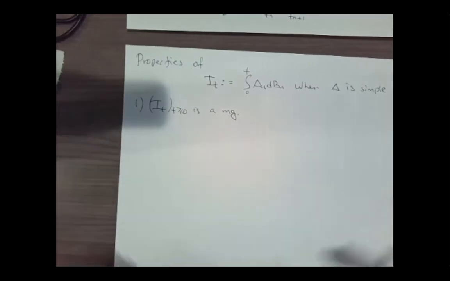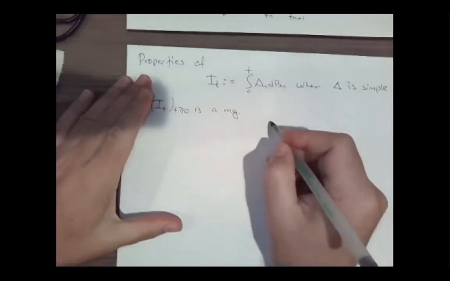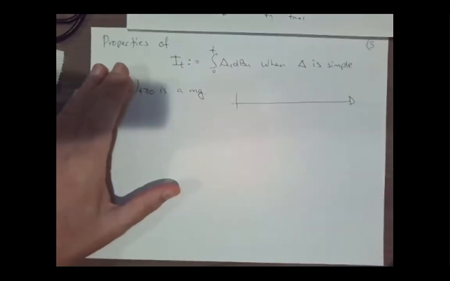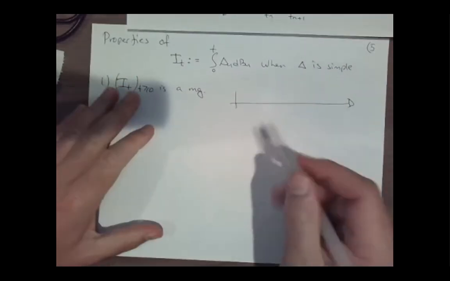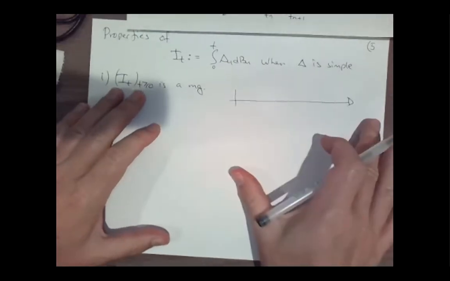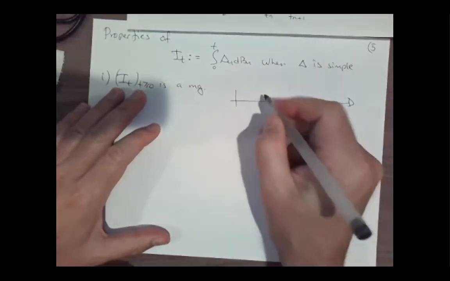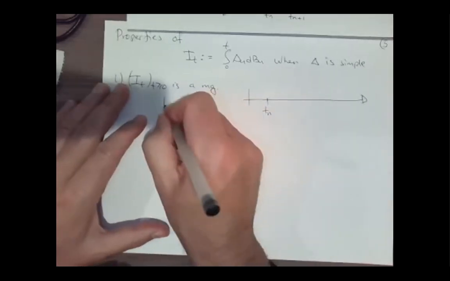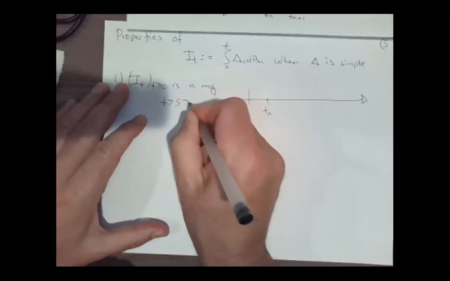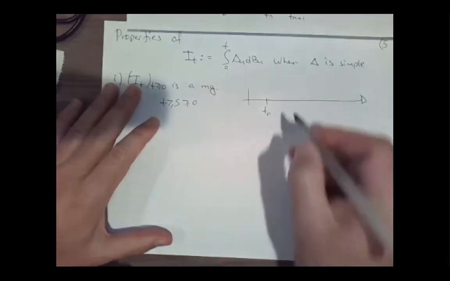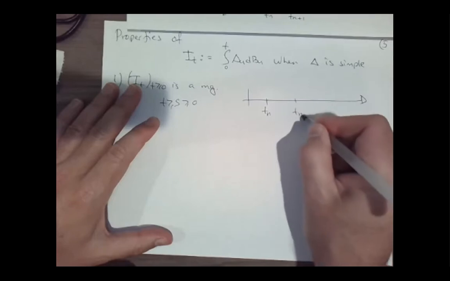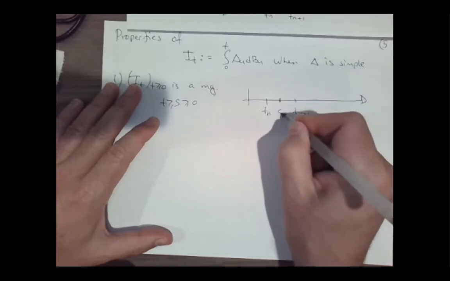Okay, so how would one go about proving that? Well, again, let's look at the timeline. I'm going to pick a t bigger than s, bigger than 0, and I'll put my s in a bin, tn to tn+1.